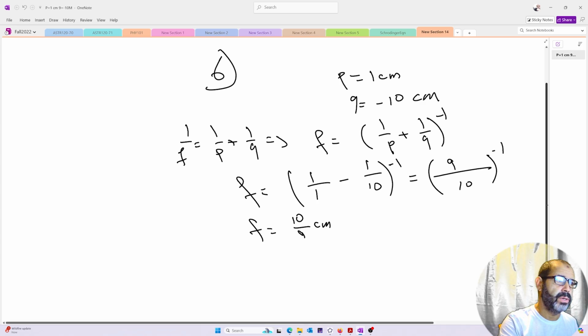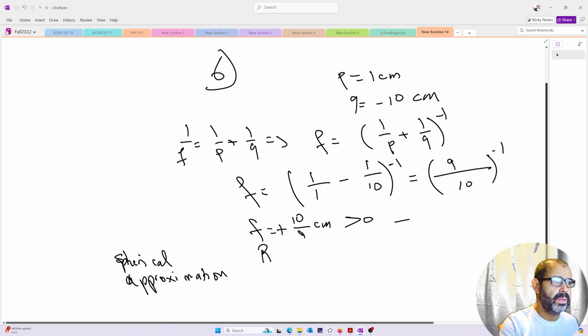Obviously, we want the radius of curvature. Remember, in the case of the spherical approximation, a concave mirror, and in this case it is concave because F is positive, and it's true also for a convex.